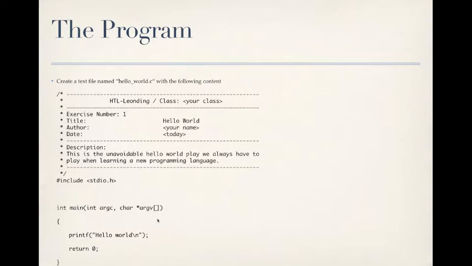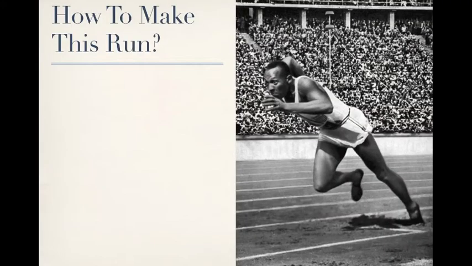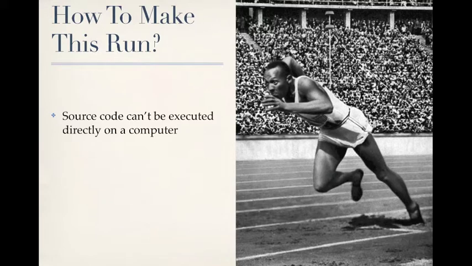So now the really interesting thing is, how can we make this run? Just to remind you, source code can't be executed directly on a computer. There is no instruction set that is able to execute C or C sharp source code.